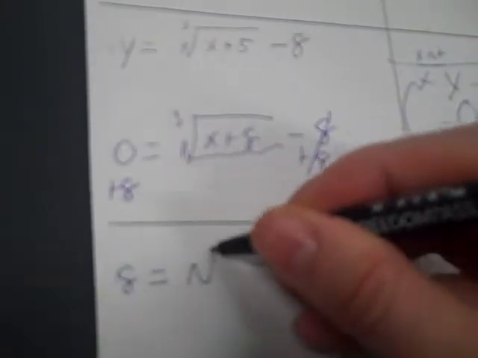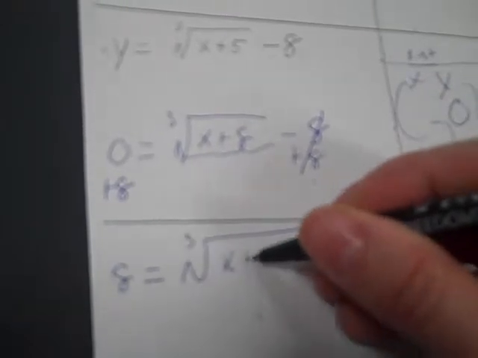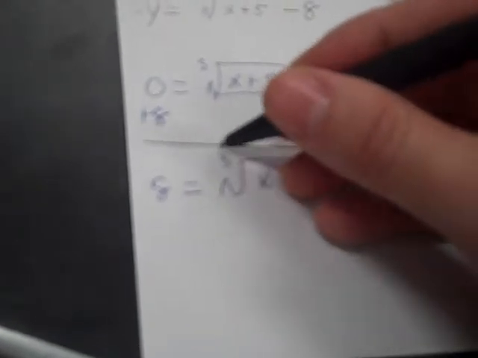So 8 equals the cubed root of x plus 8. Now some of you are like, well, would I have to divide by 3? No, the 3 is not a multiplier. The 3 is up in the root's index. The 3 would be here if you had to divide. You are now ready to get rid of your root. But instead of a second power, you get rid of it with a third power.